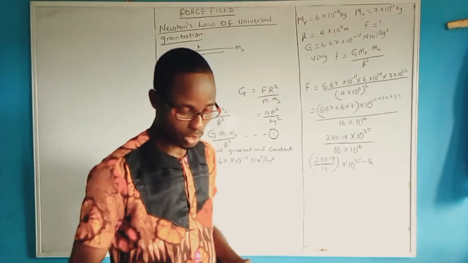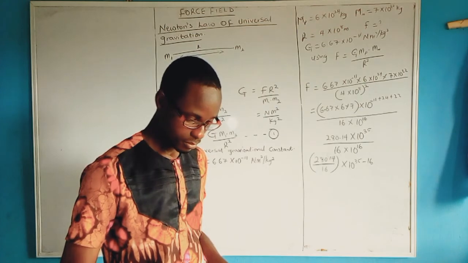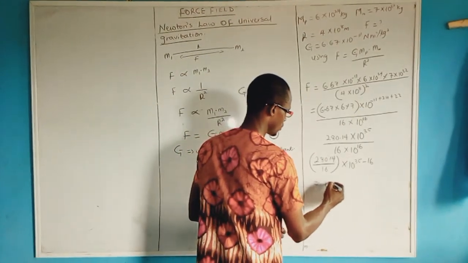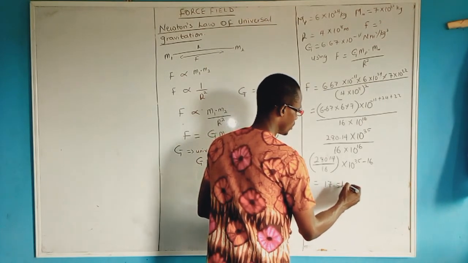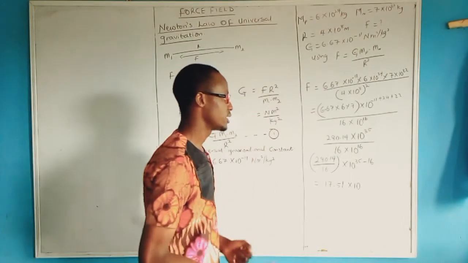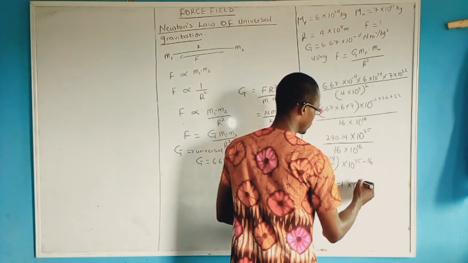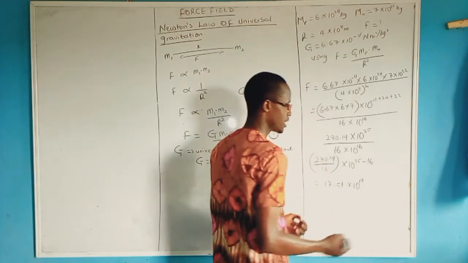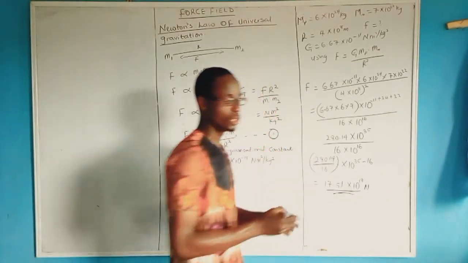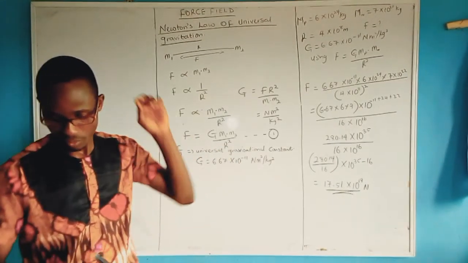So I have 280.14 divided by 16, which gives me 17.51 times 10 raised to the power 35 minus 16, which gives 19. Yeah, 19 Newton. So this is the force of attraction between the two bodies.